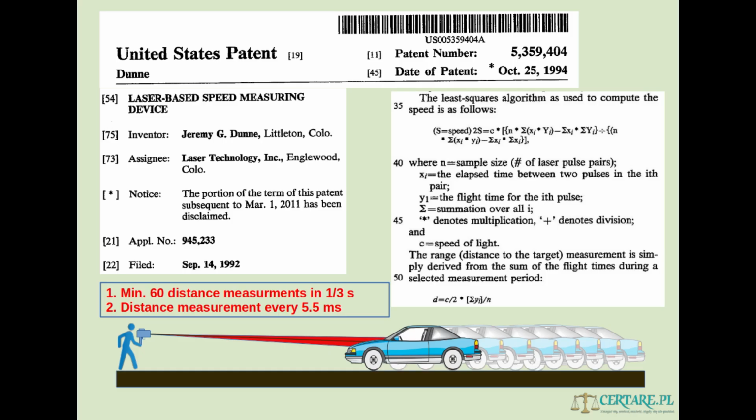This least squares algorithm is described in any math handbook and statistics handbook. You can look it up on Wikipedia. It's a very commonly used algorithm, and it makes perfect sense.